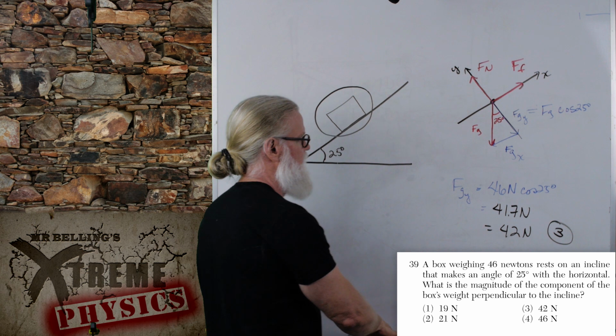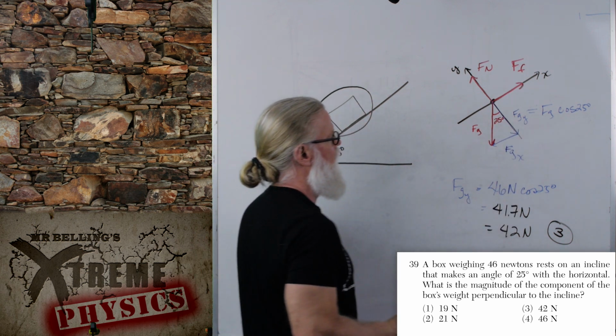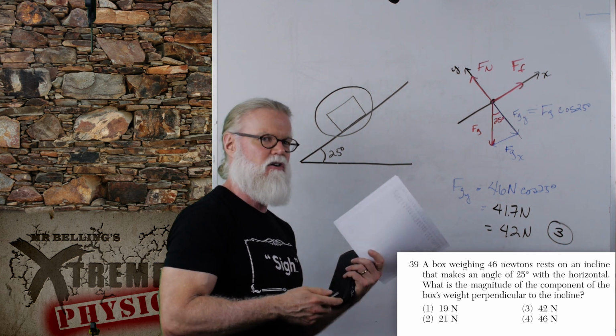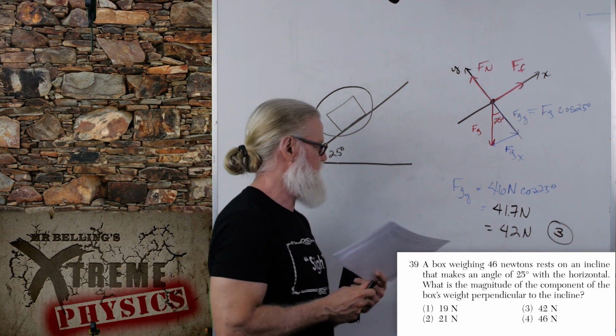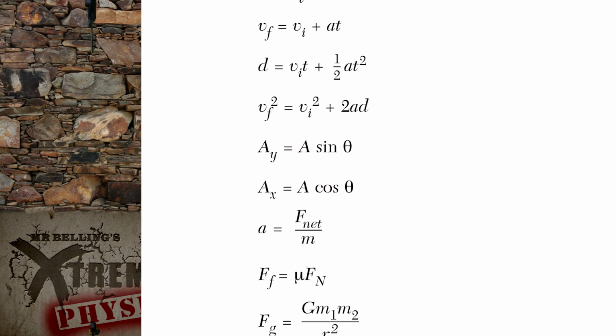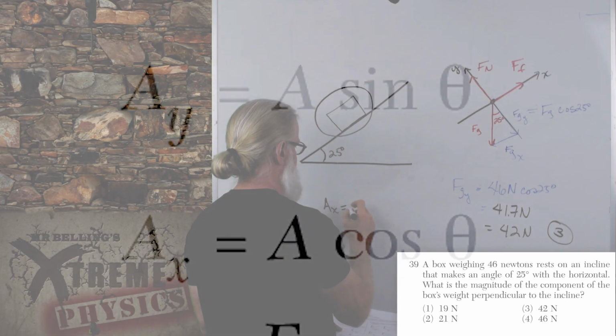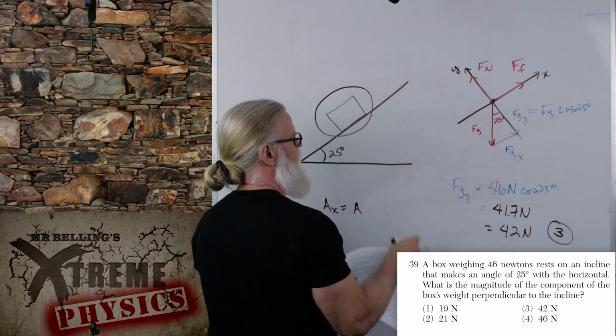I had a comment on one of my other videos recently where a student asked, isn't this component always cosine? Because they looked at something on your Regents reference table, where they say A_x equals A cosine of theta.